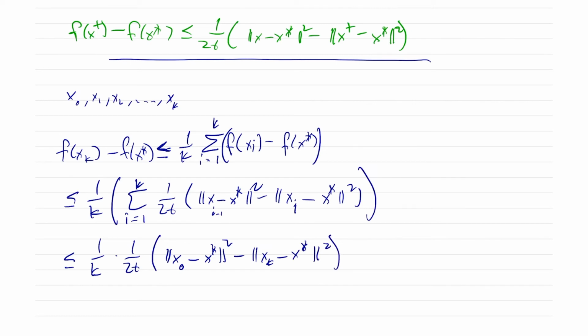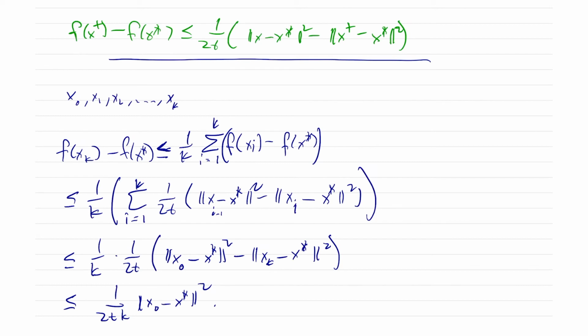And then we can go ahead and remove this piece and make things bigger. So it's going to be 1 over 2tk times x naught minus x star squared, and that's actually what we wanted to prove. So there we go.